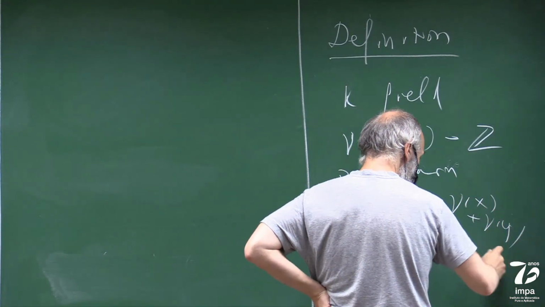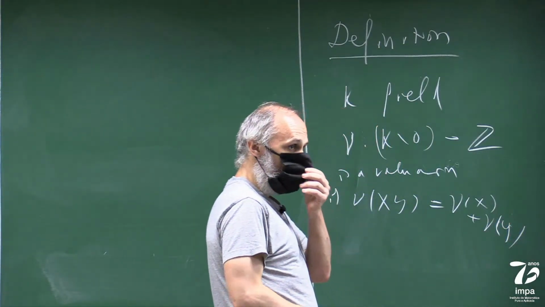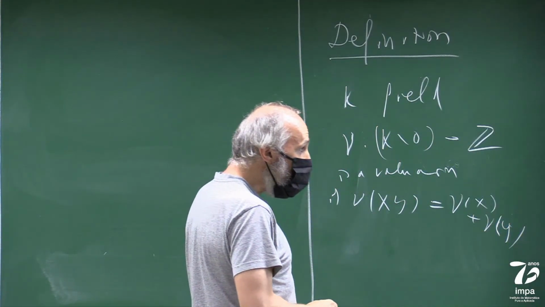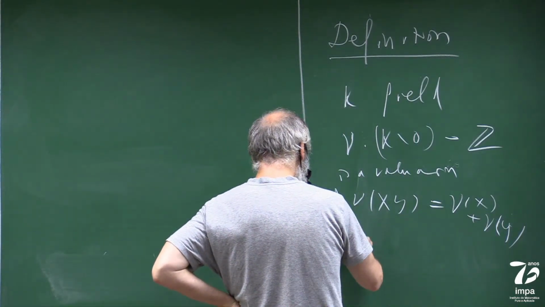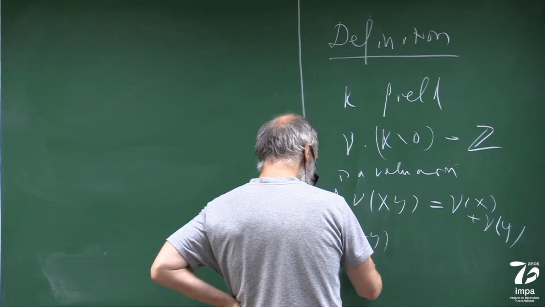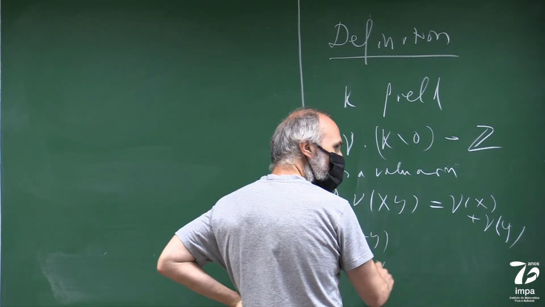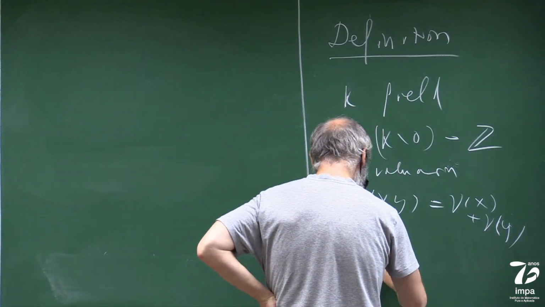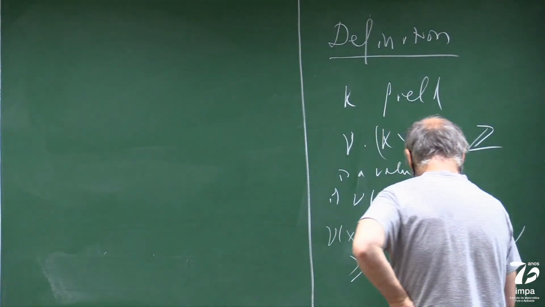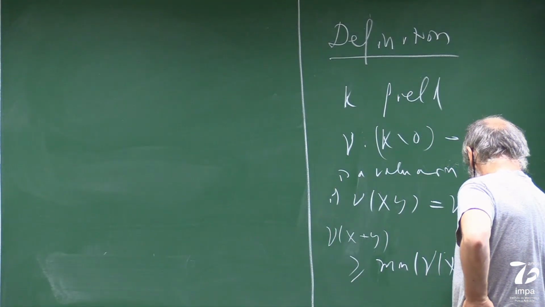This is the first condition. It's not complicated. But there is a second one which is slightly less elementary. Nu of x plus y is bigger or equal than the minimum of nu of x and nu of y.